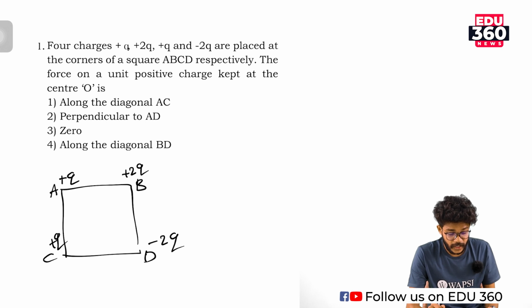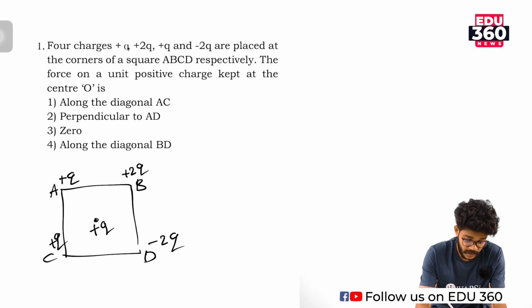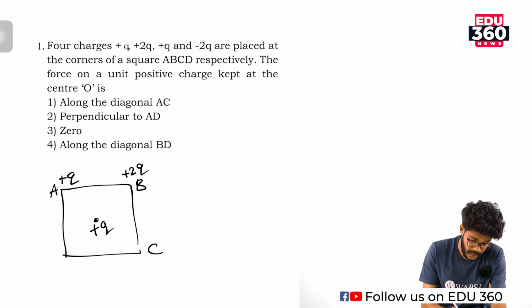The force on a unit positive charge kept at the center O. So we want to place a unit positive charge. A, B, C, D. Just one second, we have to change the position of C and D. A, B, C, D should be continuous.